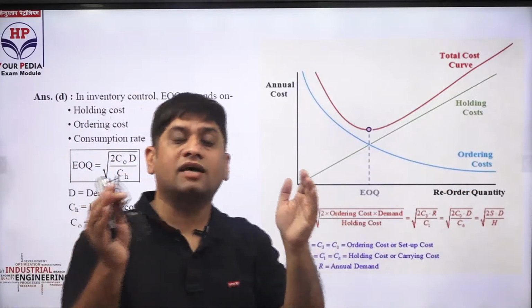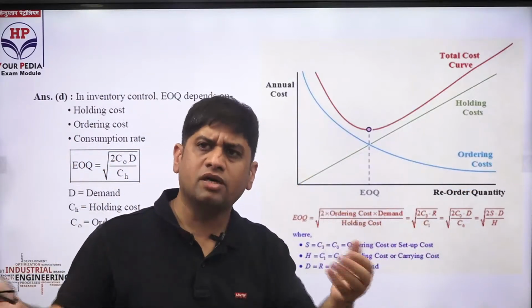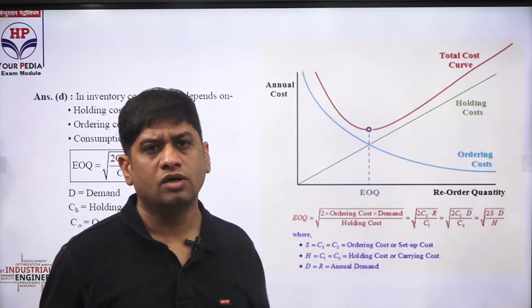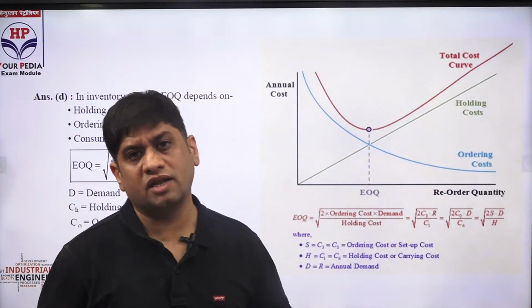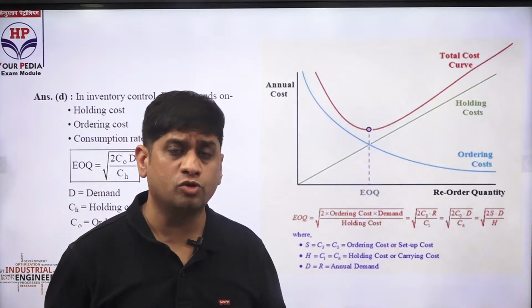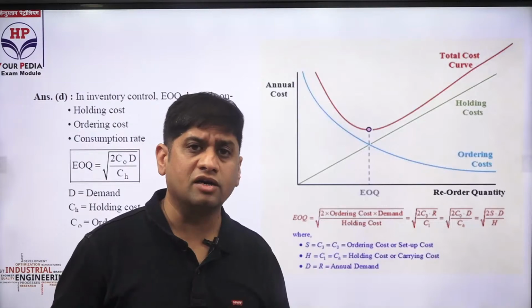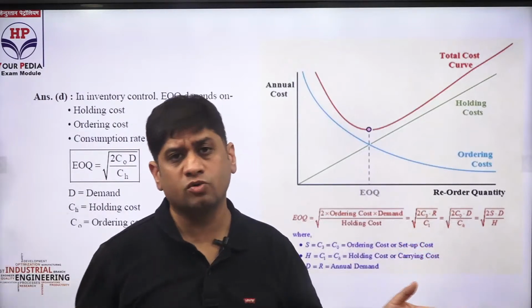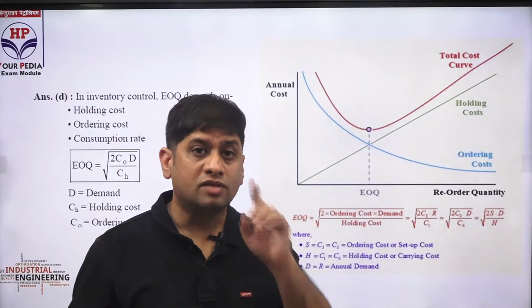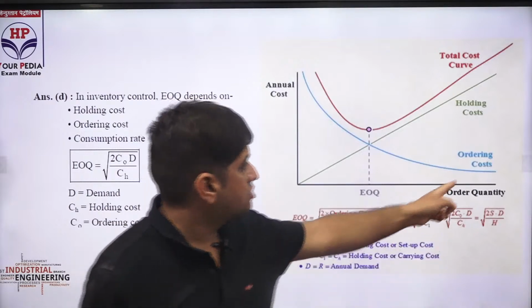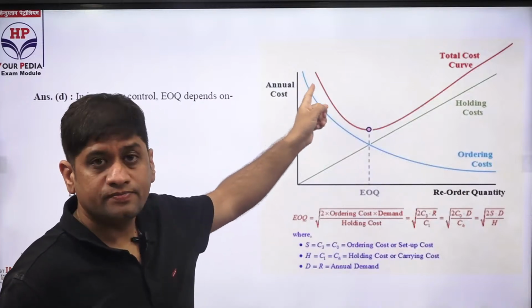As the batch size increases, I tell him give me 1,000 books in a single go. If he says okay, then for 1,000 books or 100 books the transportation cost is going to be the same because I am to send one vehicle to you. So if I say give me 100 books only, then vehicle cost is going to increase, so ordering cost is going to increase.